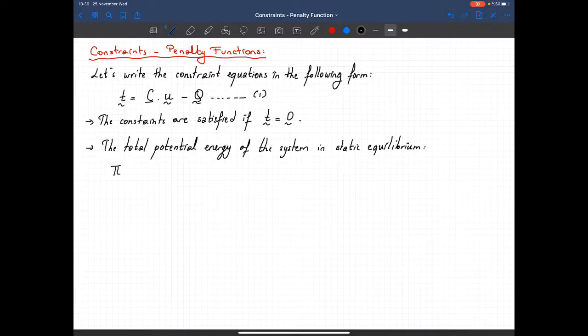So the potential energy is equal to 1 over 2 U transpose times K times U minus U transpose F, right? So let's take a look at this equation. That's the internal elastic energy, right? And this is the work done by the external forces. So for this, I'll just draw this figure just to remind you.